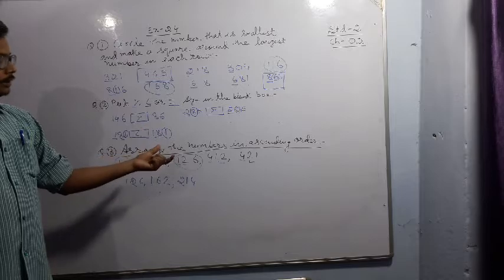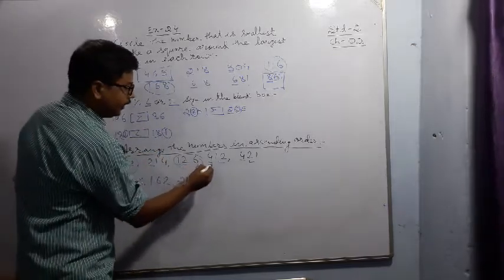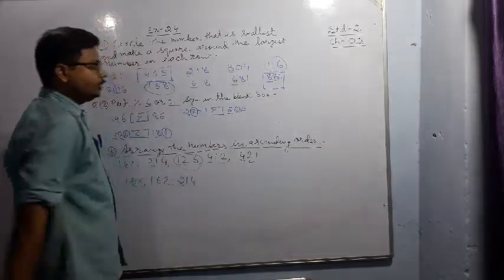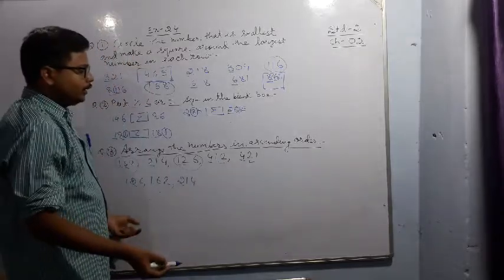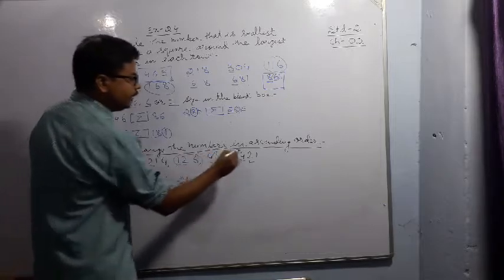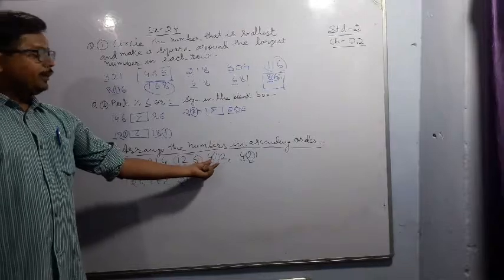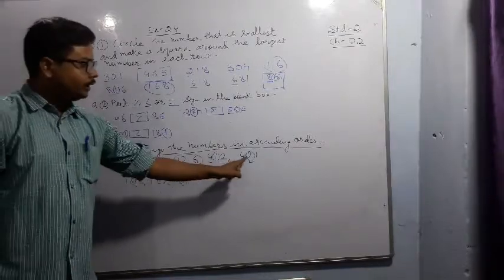Now which is greater and which is smaller? As you can see here, hundreds place in both the cases the digit is 4. So it is better to check tens place. In tens place you can see 1 is there and here 2 is there. So this 400 will be smaller because 1 is smaller than 2.